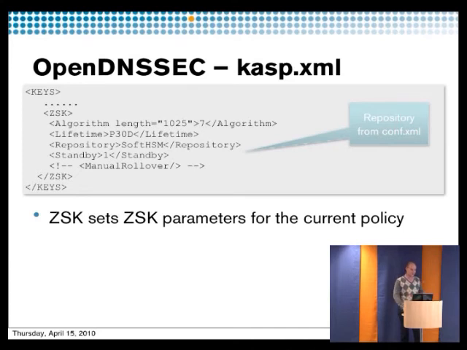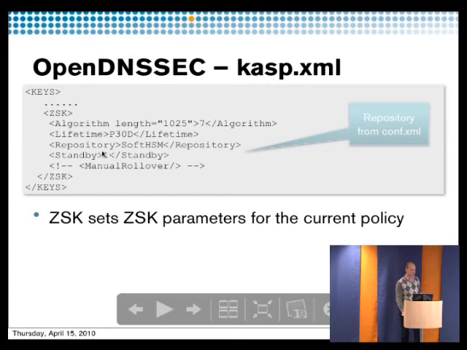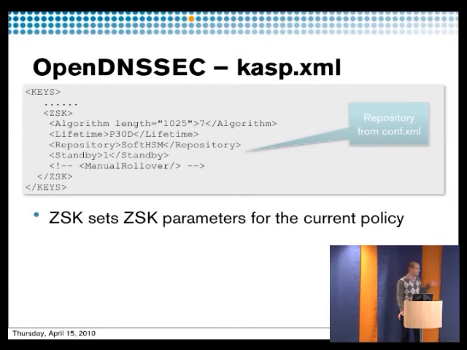But if you don't have the manual rollover, then OpenDNSSEC will do the key rollover according to this lifetime. And as we said, even if you write 1 month, it's converted to 31 days, so it will drift over time when we do the rollovers.